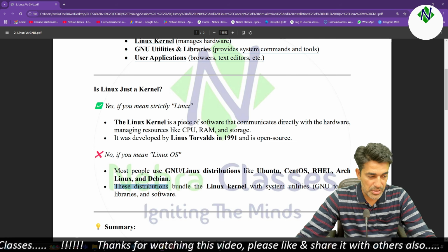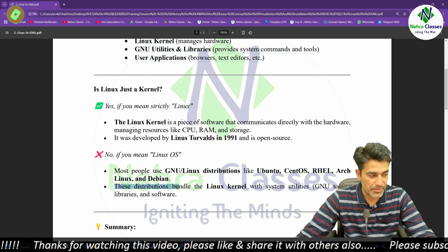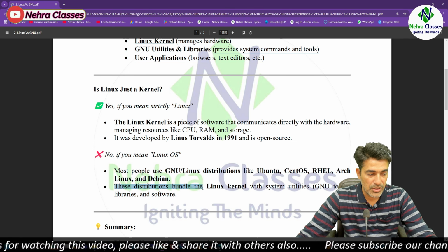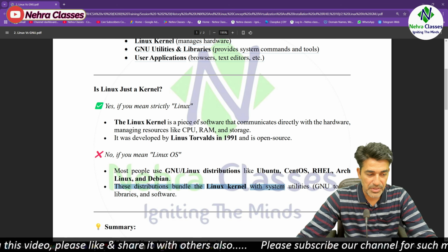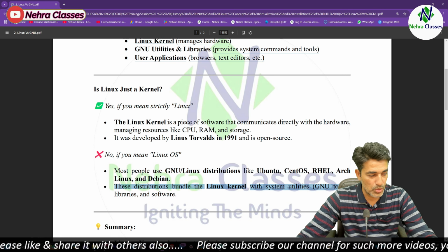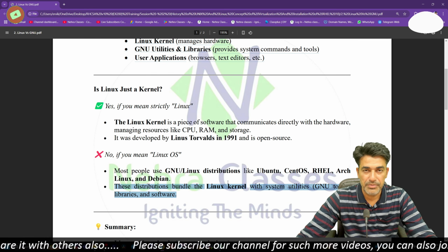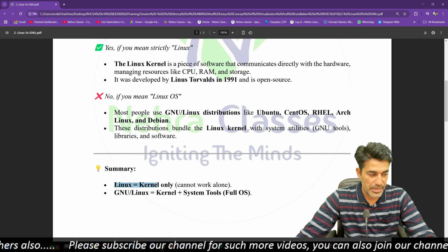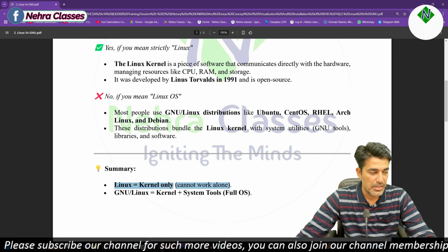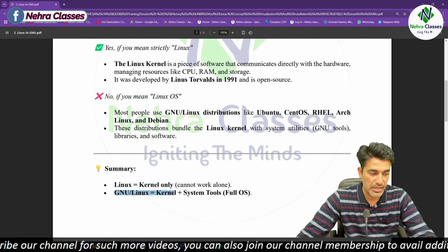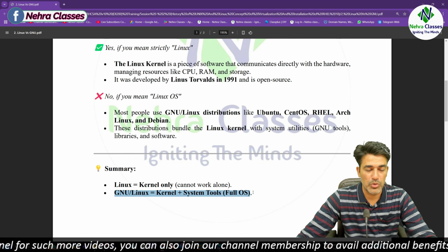The distributions which I mentioned bundle the Linux kernel with system utilities like GNU tools, libraries, and software. So Linux is the kernel only, and GNU or Linux OS means kernel plus the system tools.